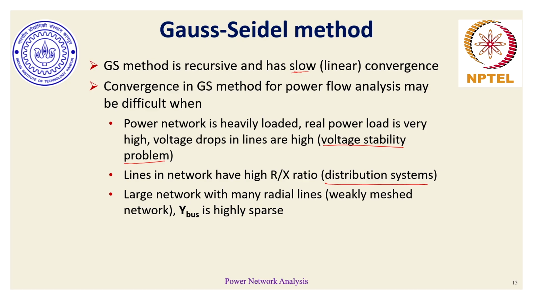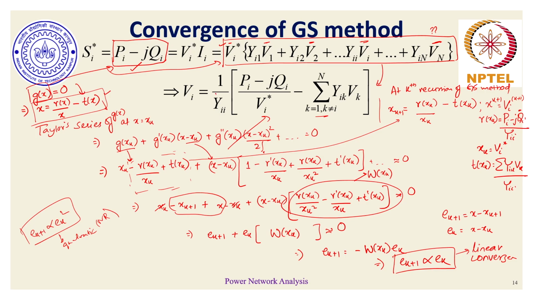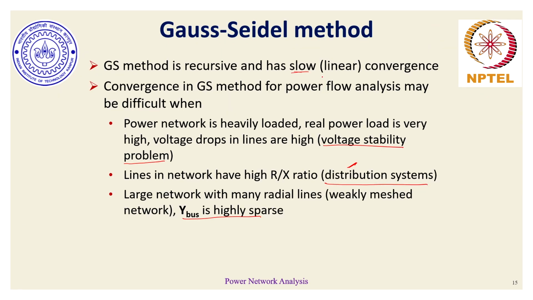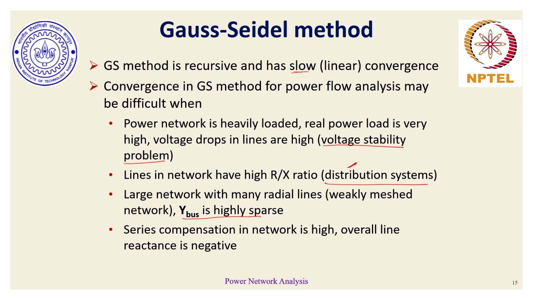For networks which are highly radial and weakly meshed, the way distribution systems are, Y bus tends to become very sparse. So the Yii term becomes significantly lower compared to off-diagonal terms, and that also results in difficulty in convergence of the Gauss-Seidel method. Series compensation, if it is very high, can make line reactance negative. That may also lead to problems in Gauss-Seidel convergence.